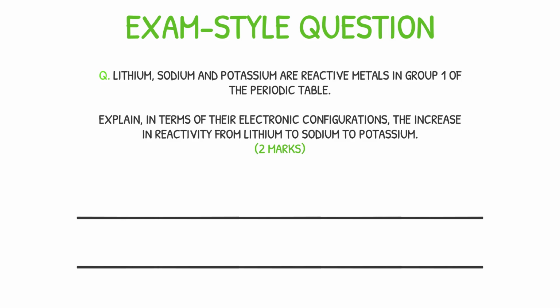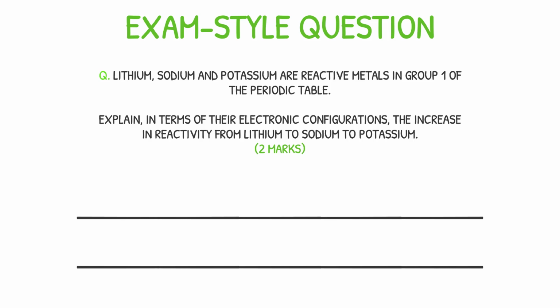As we move down the group from lithium to sodium and then potassium, the atom will increase in size. As the atom increases in size, the distance between the outermost electron and the nucleus increases too, which in turn weakens the attraction between the two and makes it easier for the outermost electron to be lost.